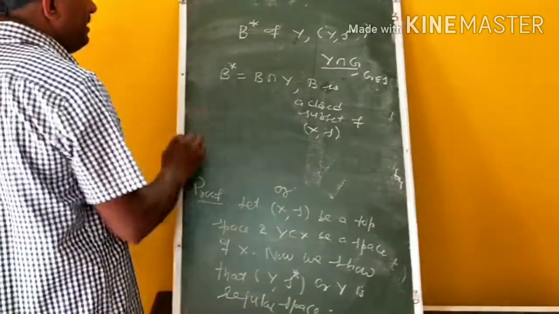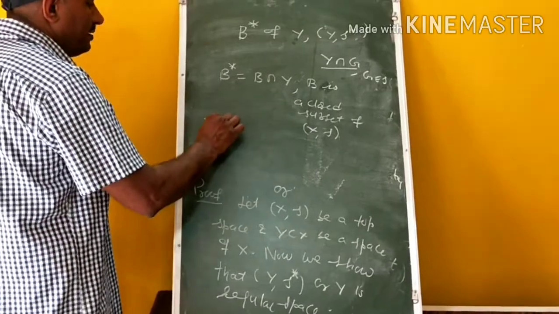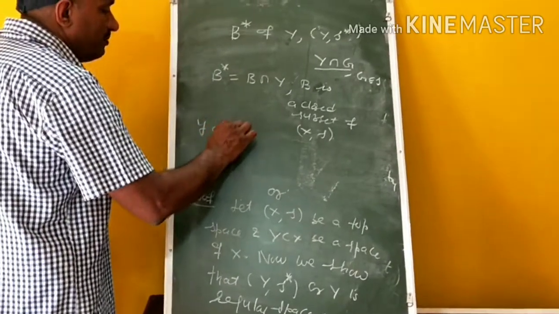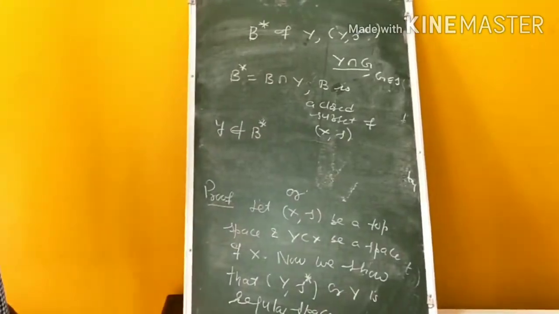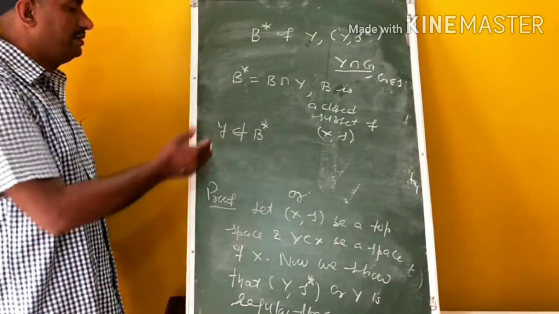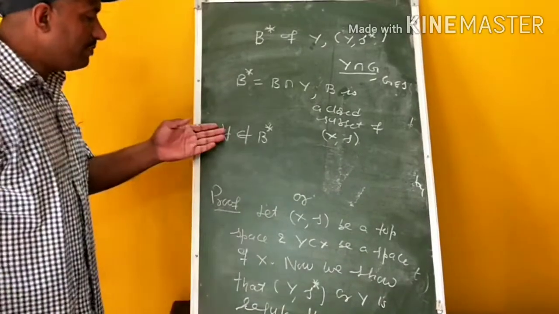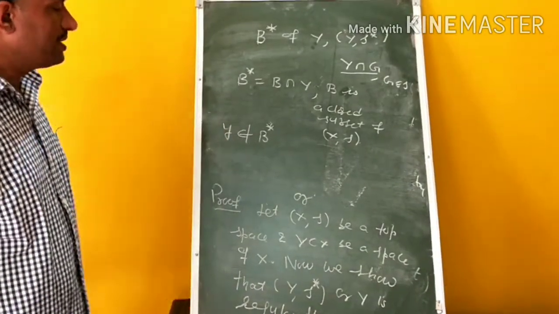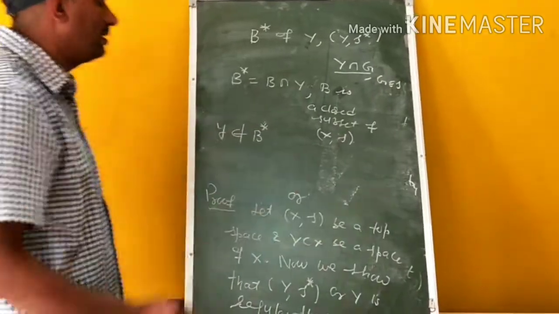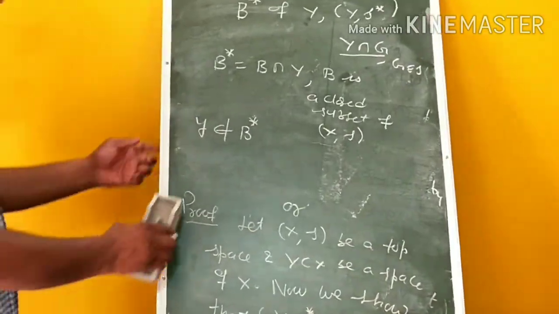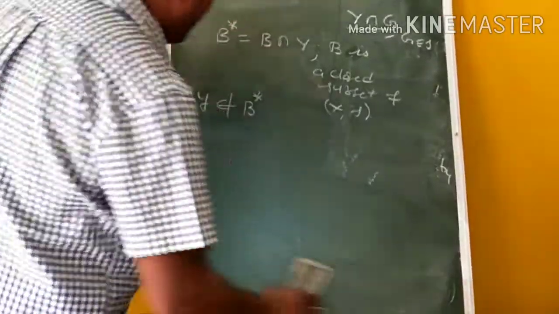Now we take an element y which does not belong to B*. Now we construct two open sets, where y belongs to one open set, and this closed set is contained in another open set, and both these open sets are disjoint.